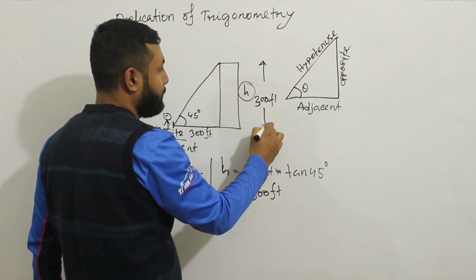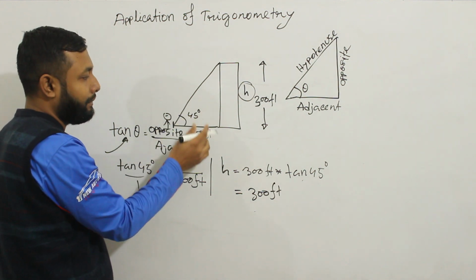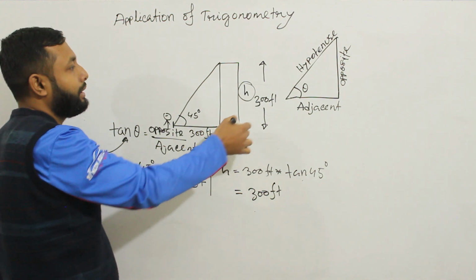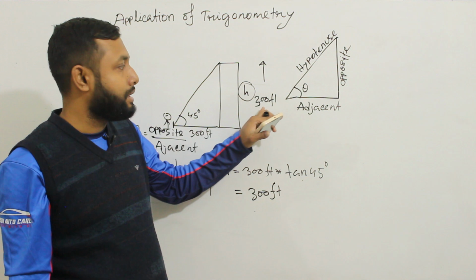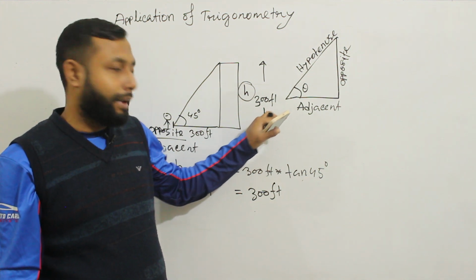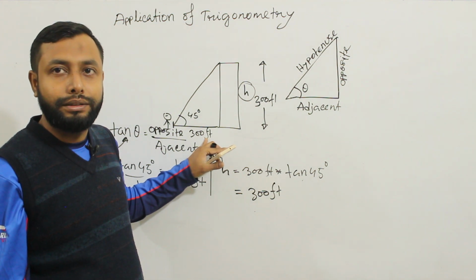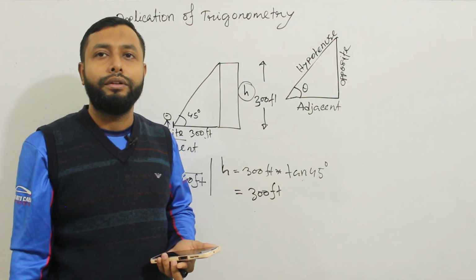If we are observing that building at an angle of 45 degrees and we are 300 feet away from that building, then it's easy to measure that the height of that building is the same as our distance from that building. So that's a good and great application of trigonometry.